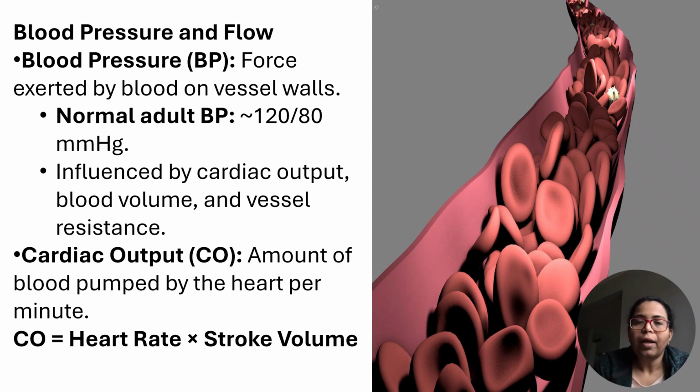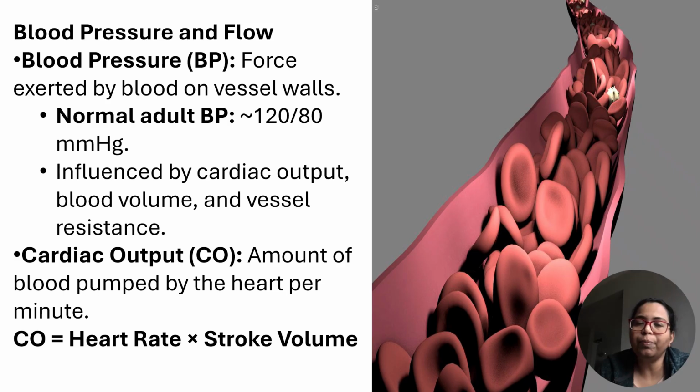The normal blood pressure is 120 by 80, and it is influenced by the cardiac output, blood volume, and vessel resistance. Most of the time, if a person has atherosclerosis or arteriosclerosis, the blood pressure will be high due to the narrowing of the blood vessels.